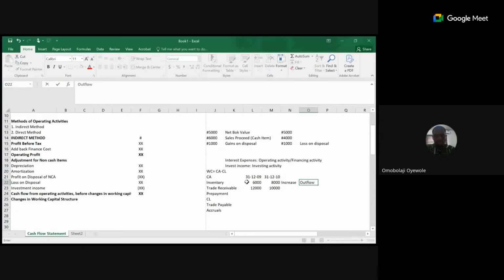So an increase in inventory from 2009 to 2010 simply means cash has gone out. So our changes in working capital will come here. Increase in inventory, that will be an outflow.